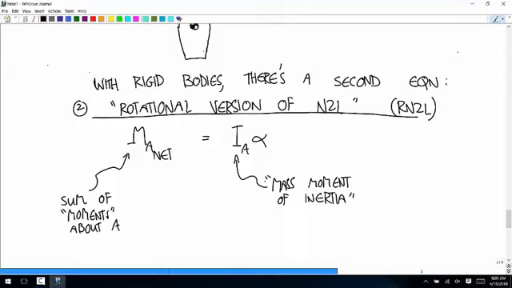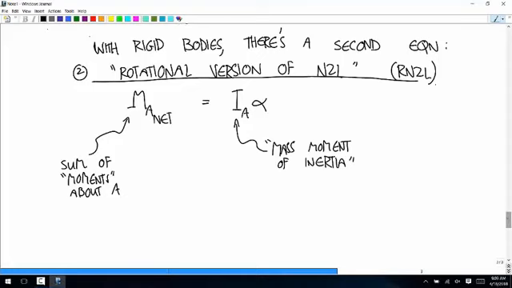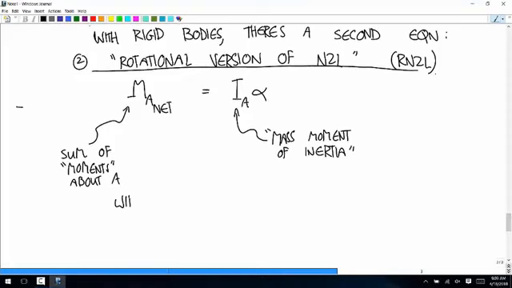And the cool thing is, this point A has to be one of two things. We're only going to use one of these, but it has to be either an axis of rotation, in other words, fixed in the coordinate system.